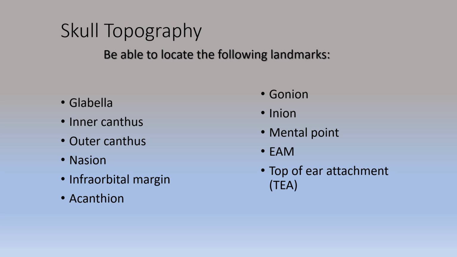The infraorbital margin is the lower margin of the orbit. Infra means below, so it's the margin below the orbit, and you can actually palpate it.